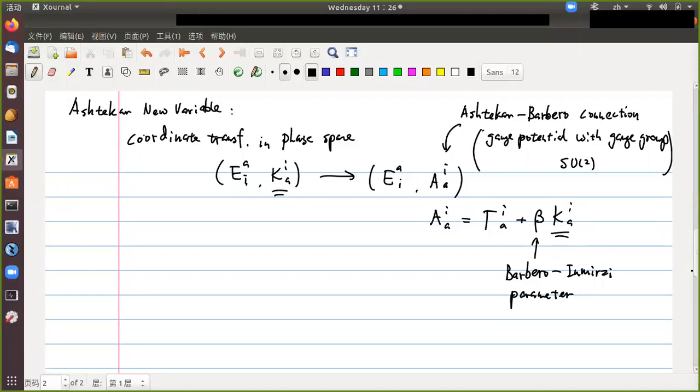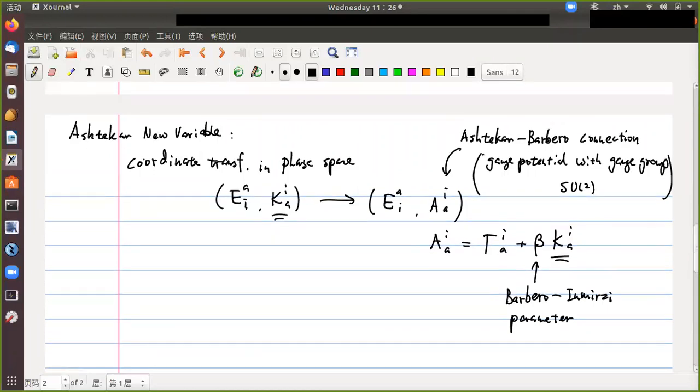This gamma is a spin connection, called a spin connection one form, but I'm going to introduce it in one minute. Firstly it is just a coordinate transformation, but it is also a canonical transformation.